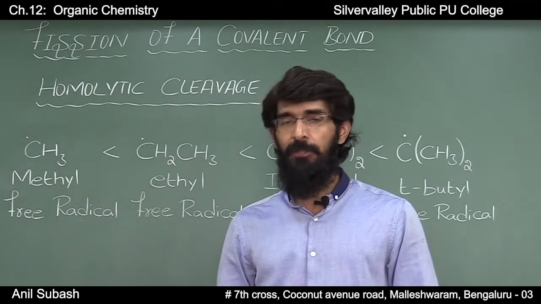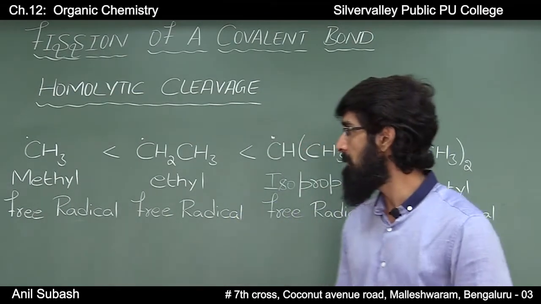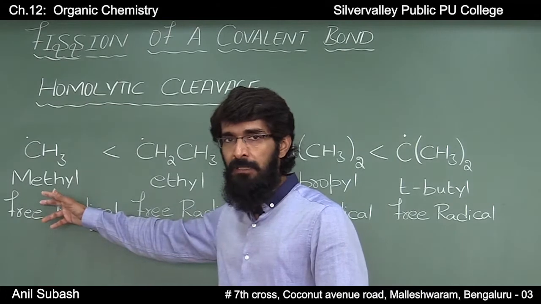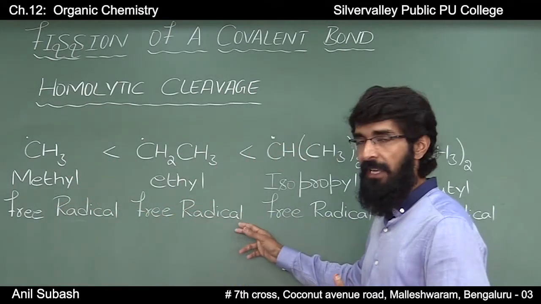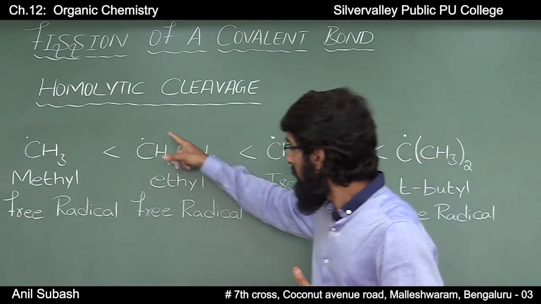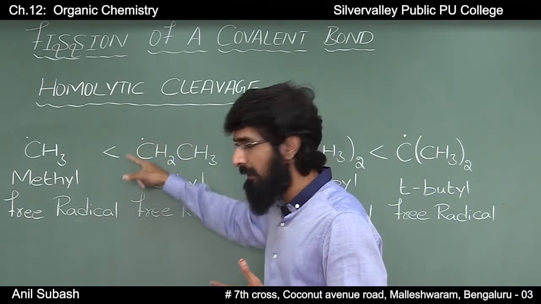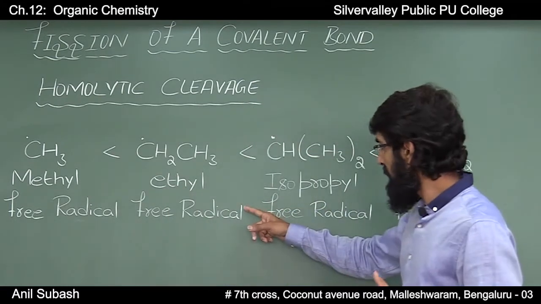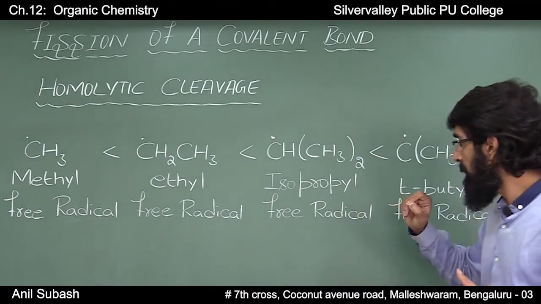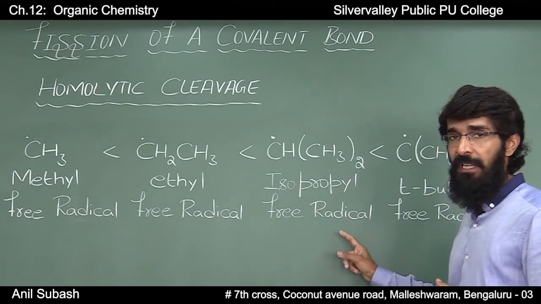And coming to the order of stability of these free radicals, a methyl free radical is less stable when compared to an ethyl free radical. Here, the free radical is a primary free radical, which is less stable when compared to isopropyl free radical.